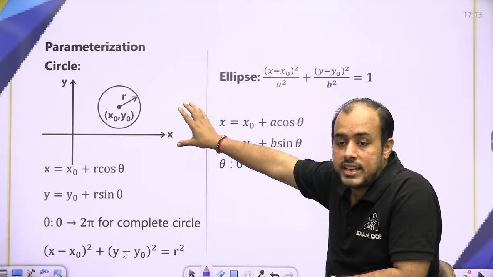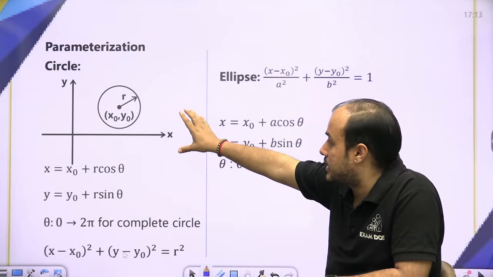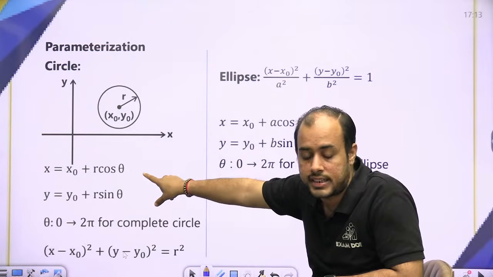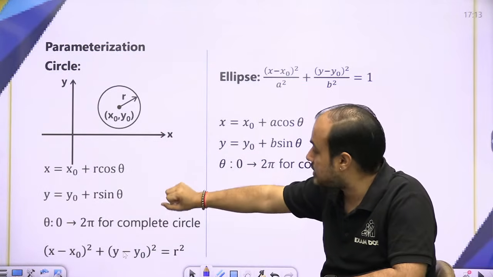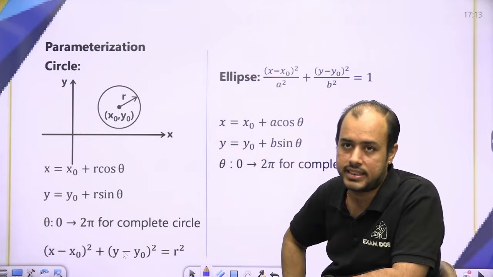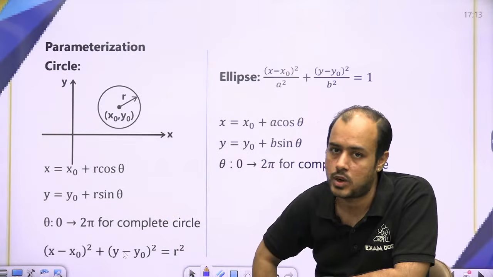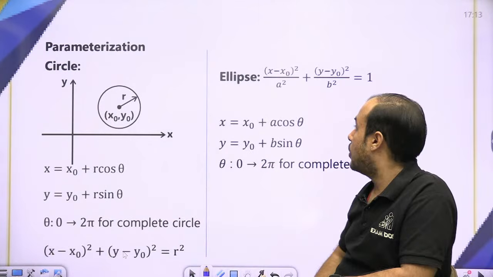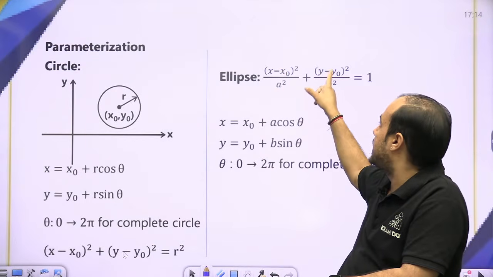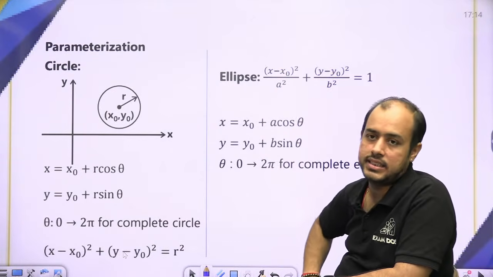Now, how to take the parameterization for a circle? X coordinate is x naught plus r cos theta, coordinate of center plus r cos theta. Y coordinate is y naught plus r sin theta, where theta varies from 0 to 2 pi. What if it is an ellipse? X is x naught plus a cos theta, y is y naught plus b sin theta.